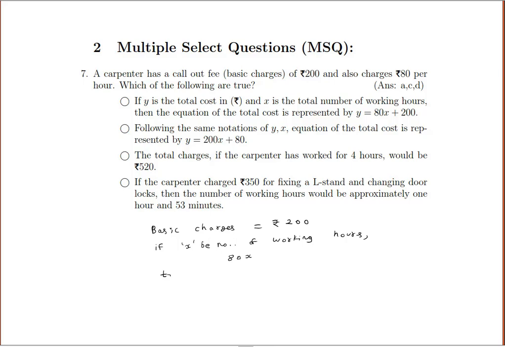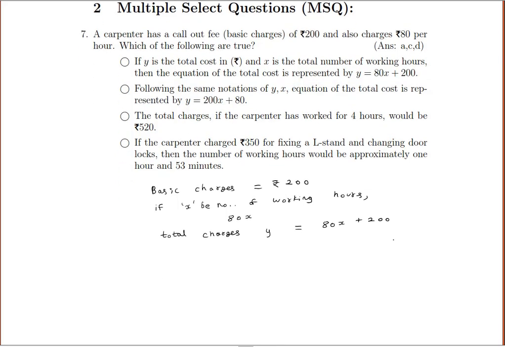So the total charges represented by y in rupees must be 80x plus 200. This gives us an equation of a straight line. So option A is correct.